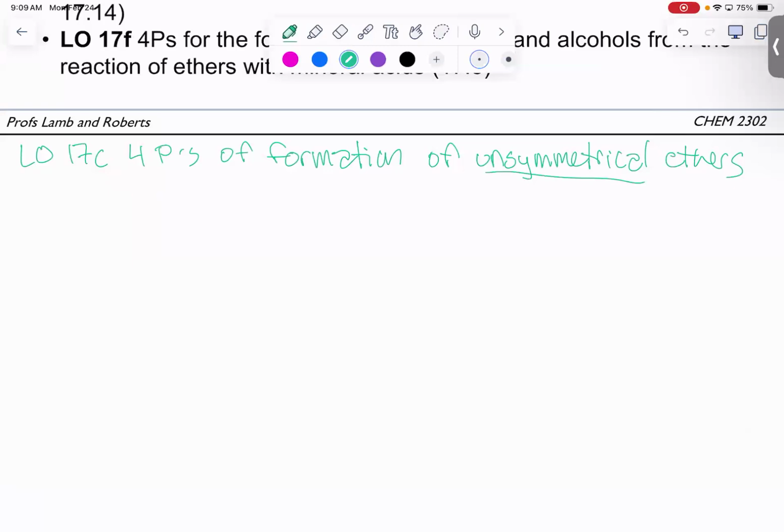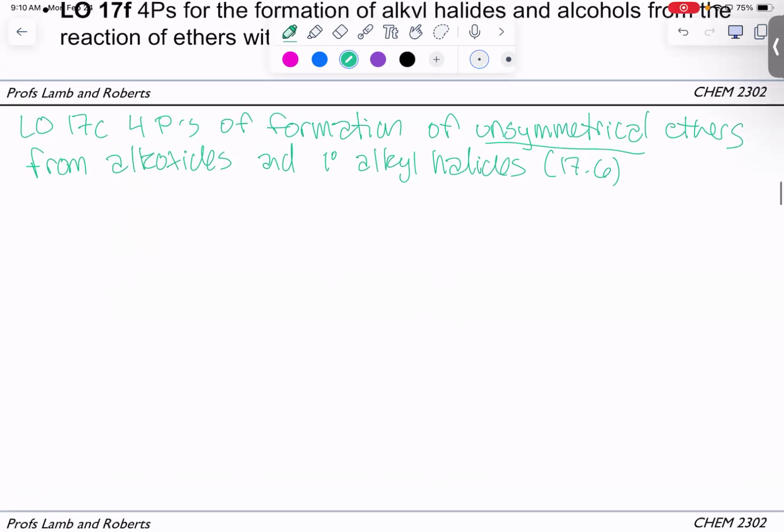So these are unsymmetrical ethers, and these are going to be made from alkoxides and primary alkyl halides. And if you're following along in the book, this is chapter 17.6. So our sulfide stuff actually was started in chapter 16, but we decided to move it here. So you're going to see some chapter 16 shout outs in this lecture.